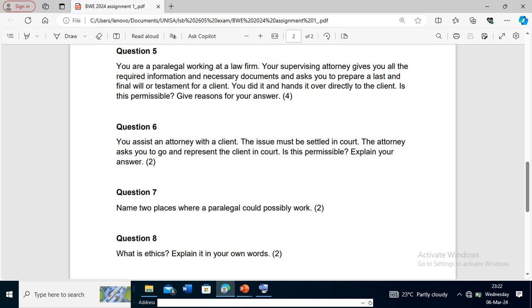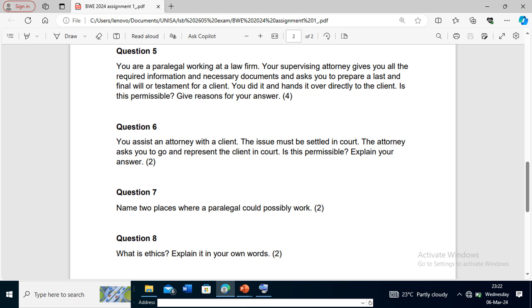guys, there's no way that you could just go straight and then appear in court. There are certain laws or acts which regulate this matter of appearing in court. You need to apply for appearance. Even after completing an LLB you do not automatically gain appearance or the right to appear in front of the court or represent a client.